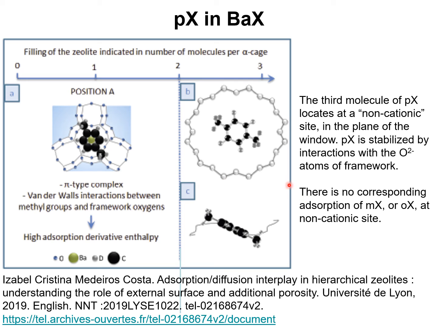There is no corresponding adsorption of metaxylene or orthoxylene at the window sites possible.